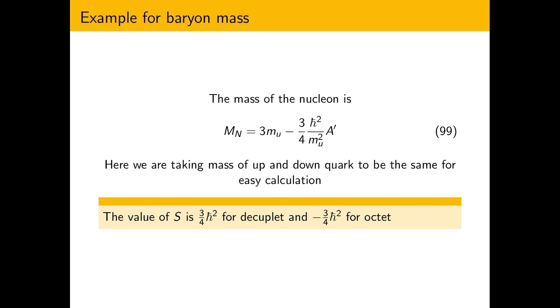If we substitute these in the first equation we saw, we will end up with the mass of the nucleons. The calculated mass from this equation and the mass obtained from the experiment will differ by a very small value. This is because of the uncertainty in the mass of the quarks, and also due to the uncertainty in the constant, because we are fixing the constant for the optimal fit for the data. It is a constant, but it is not fixed.